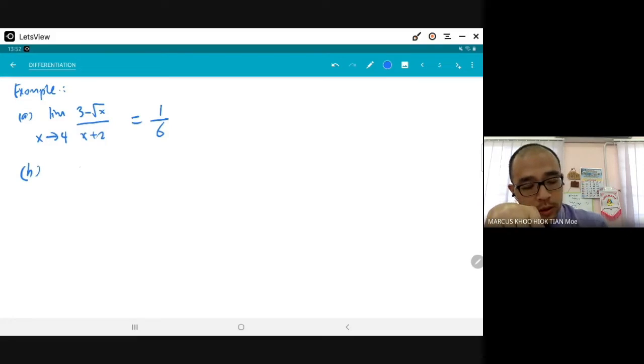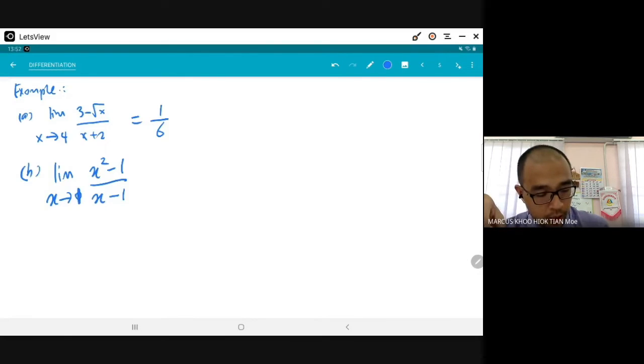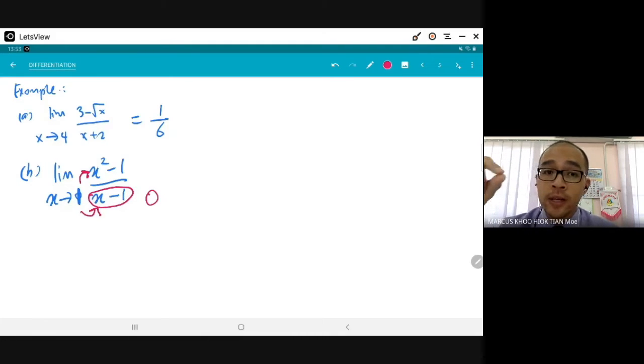Okay, so now the problem is question B. Okay, so the equation now is x squared minus 1 over x minus 1, but the limit is approaching 1. Kalau saya ganti 1 ke dalam sini, okay, if I substitute 1 over here and 1 over here, I will have this big problem. So 1 minus 1 will be 0, and I cannot have a divide over 0. So what can we do? We take a look at up here.